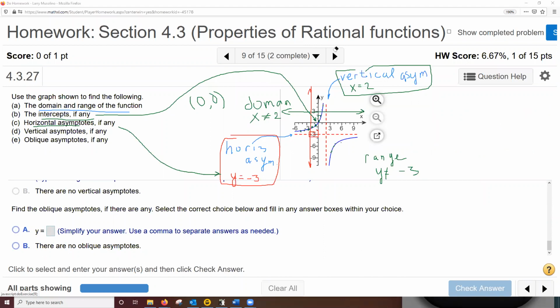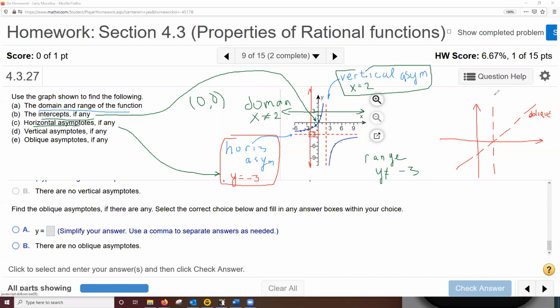Let me draw the axes like this. Maybe there is a vertical asymptote like this, and then maybe there's an oblique asymptote that does this. So this slanted line is an oblique asymptote. Then a graph might look something like this.